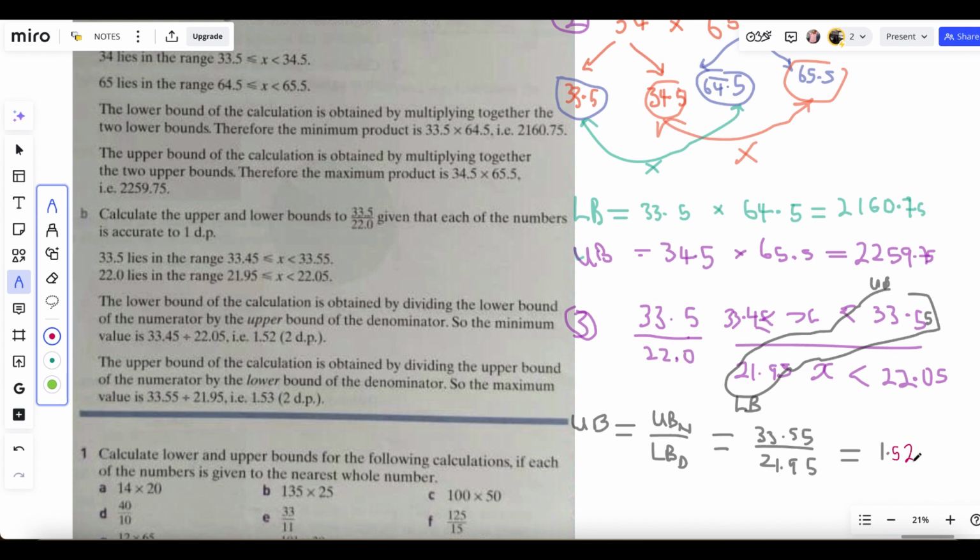So we can approximate to 1.53. We can approximate this one to 1.53 to the nearest two decimal places. So this will be our upper bound.